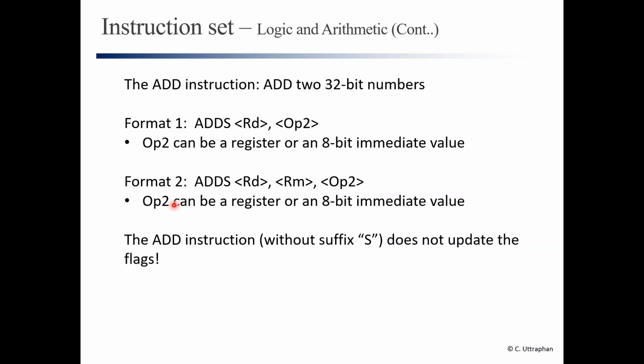For format 2, there are 3 operands, where RD is the destination operand, RM and OP2 are source operands. RD and RM are registers, while OP2 can be a register or an 8-bit immediate value. Please note that the ADD instruction without suffix S will not update the status flags.